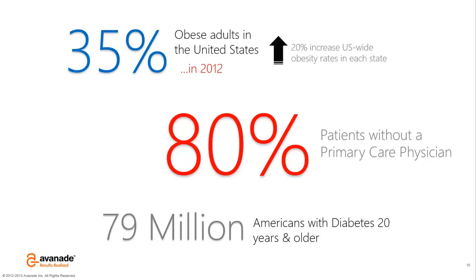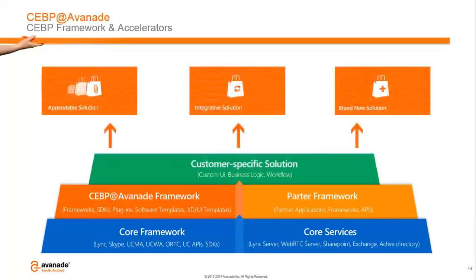So in terms of what we're doing in CEBP at Avanade, what we're trying to do is build a series of partnerships, a series of relationships, and a framework and a foundation that we can extend to customers across different types of experiences like I showed you here today. So we start with the Microsoft foundational capabilities of leveraging Lync, Skype, and the available APIs from the framework.